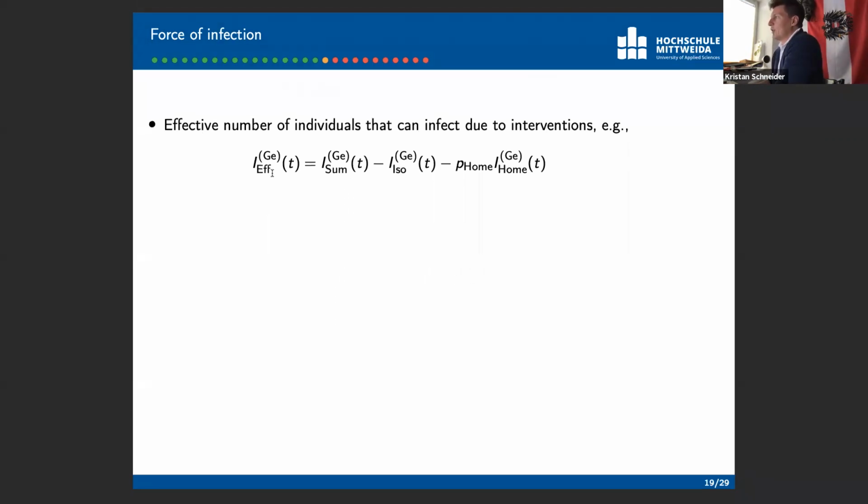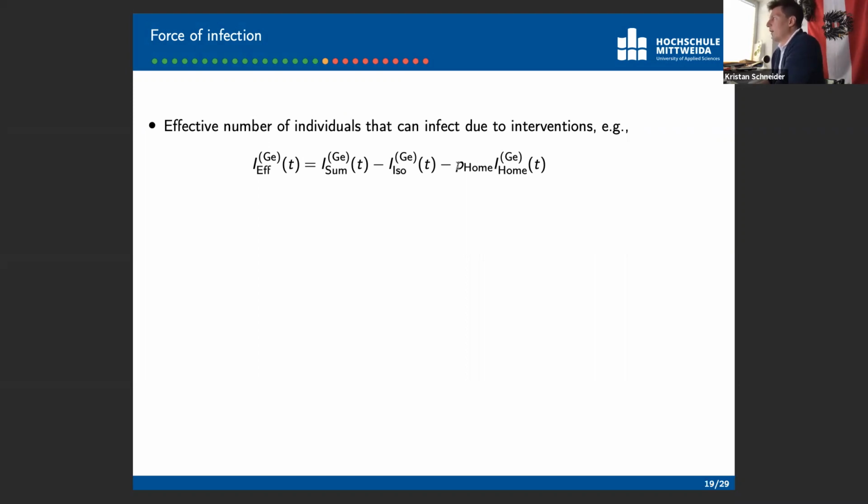For instance, in the general population, the effective number of fully contagious individuals that can infect somebody would be the total number of all of those that are infected, minus those that are put into an isolation ward, in a quarantine ward, and they no longer have infective contact, minus those that are in home isolation.